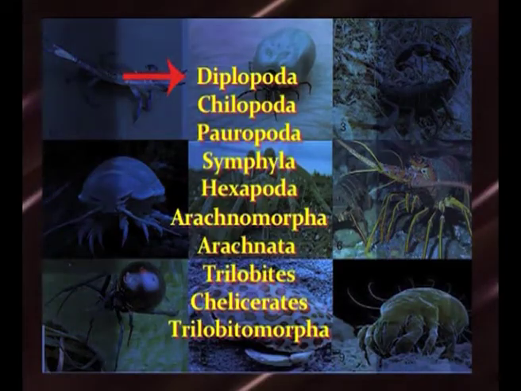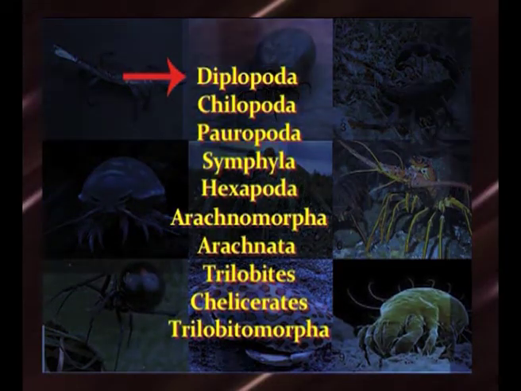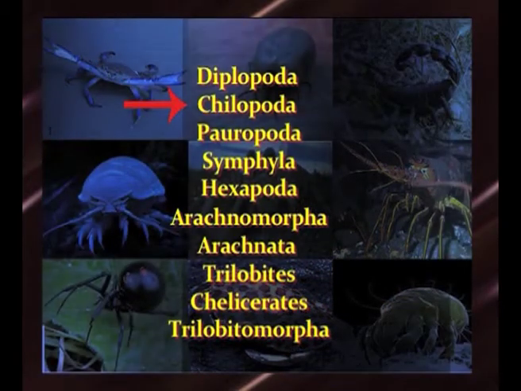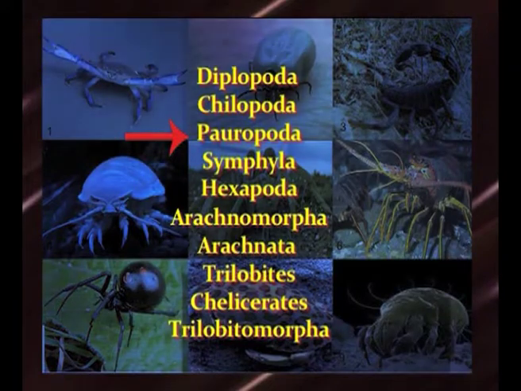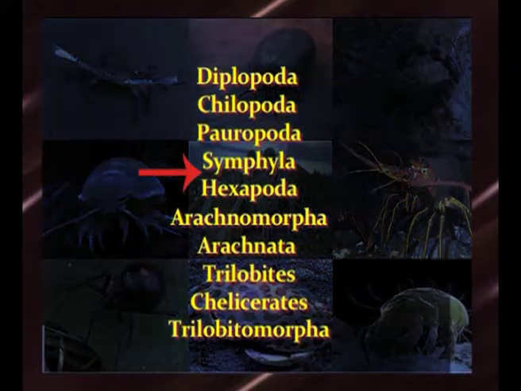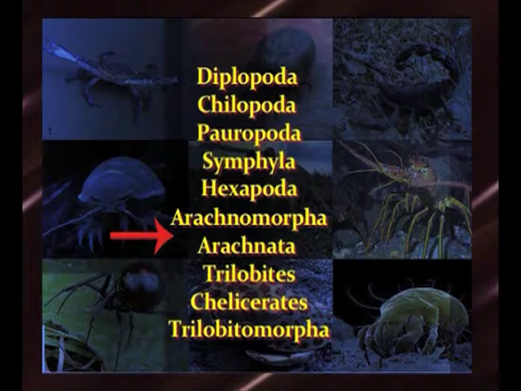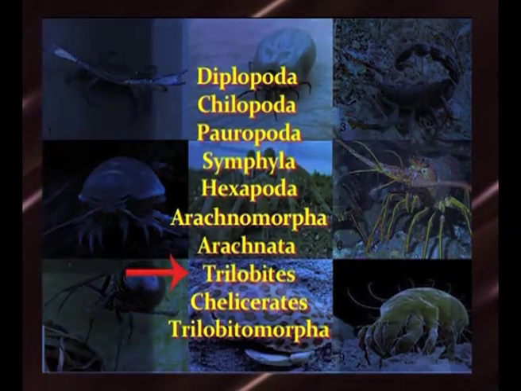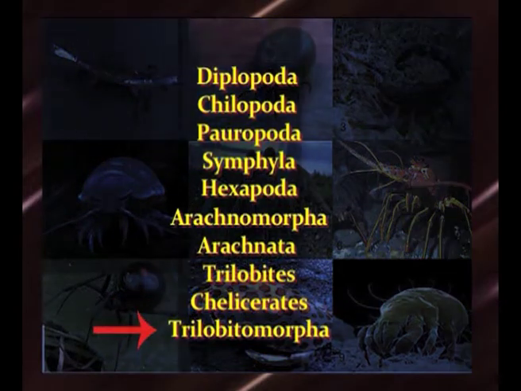Some examples include the Atelocerata, that is the Diplopoda, Chilopoda, Pauropoda, Symphyla and Hexapoda; Arachnomorpha, that is Arachnata, trilobites, chelicerates, Trilobitomorpha.